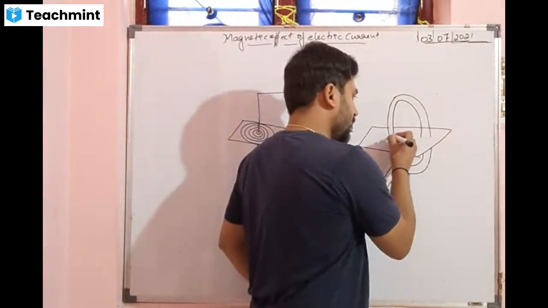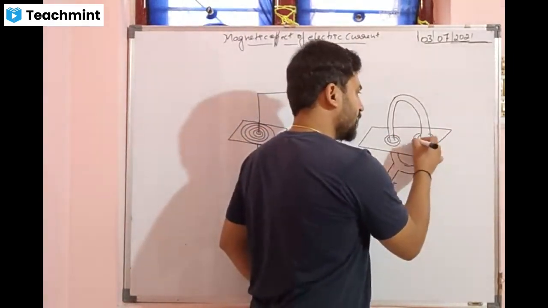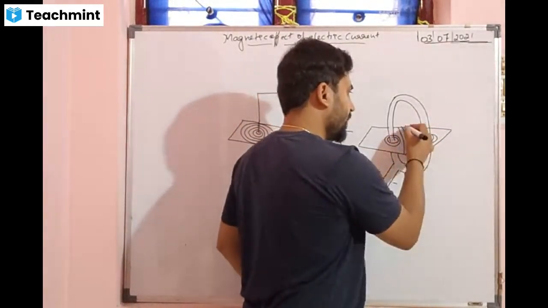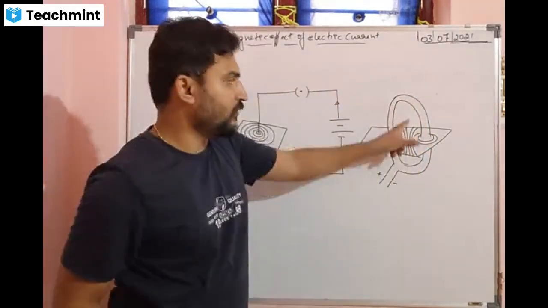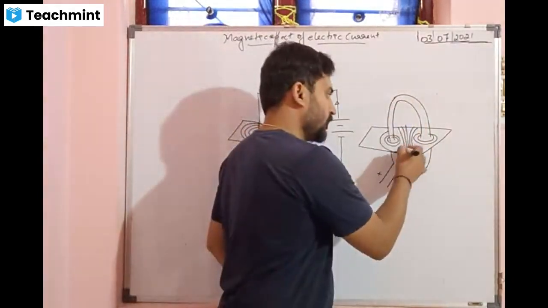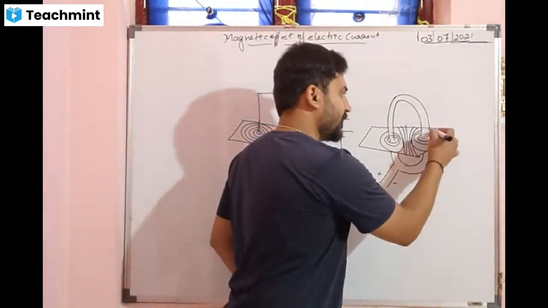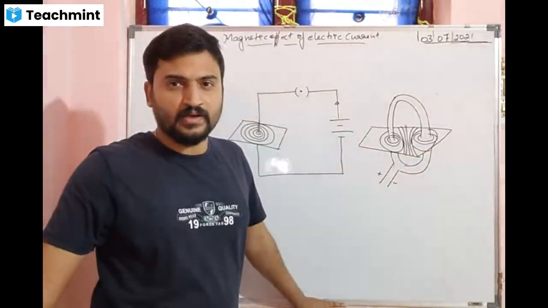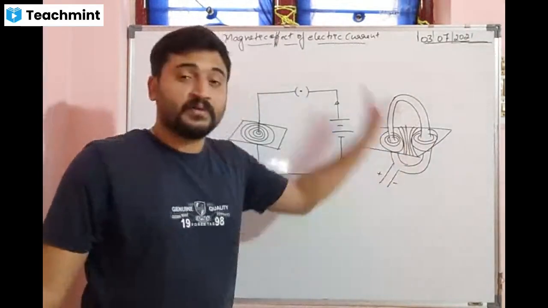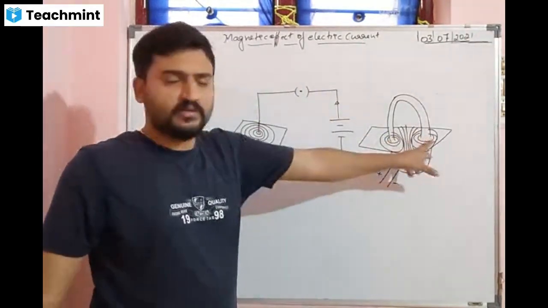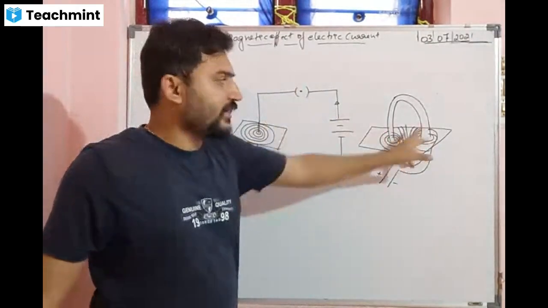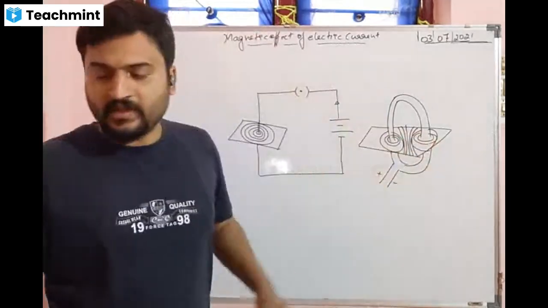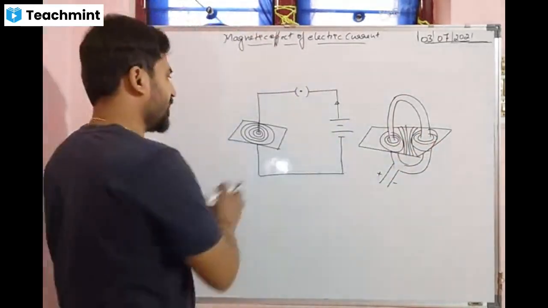Here also we see that they are in the form of concentric circles, but as we move near and near, at the center it forms a straight line. Is the diagram correct? This is for the circular conductor. At the center it appears to be in a straight line. Here also concentric circle, here also concentric circle. When they become bigger and bigger, the distance goes on increasing, and at the center it becomes in the form of a straight line.